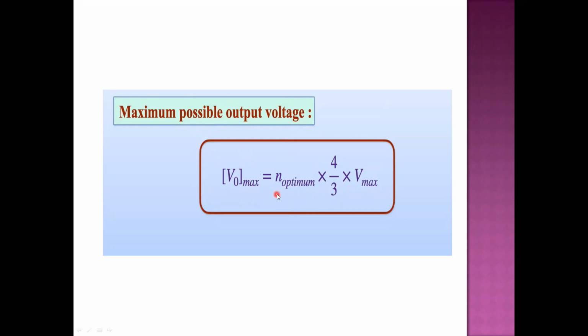The efficiency of the Cockcroft-Walton type multiplier circuit decreases if you use more stages. Irrespective of these conditions, if you design a multiplier circuit, the voltage drops will be more, so we get very little voltage. To get the maximum possible output voltage, these conditions must be followed. So V naught maximum is equal to N optimum into 4 by 3 into V max.